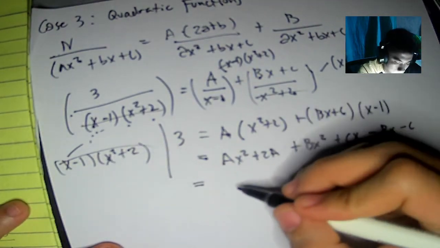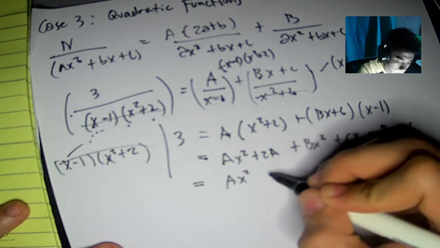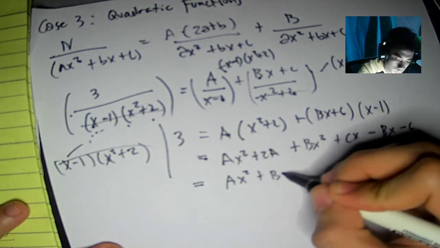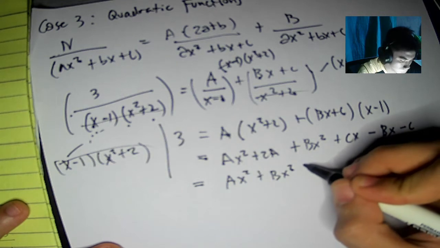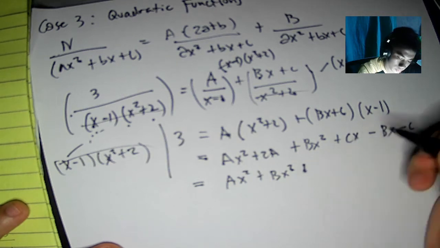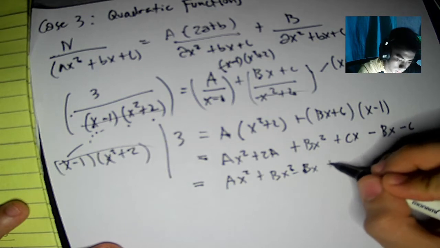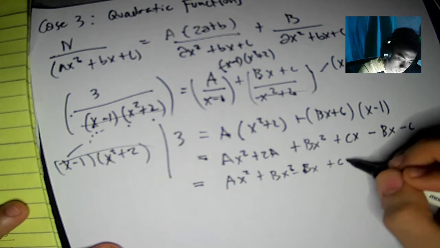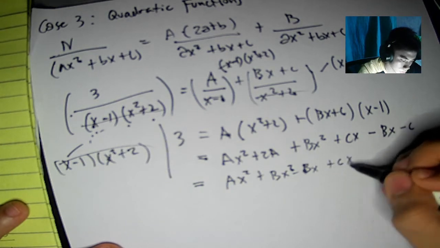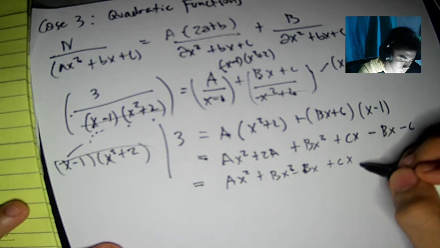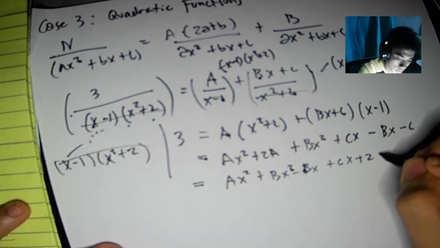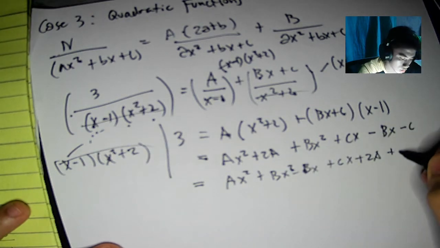So in this case, you'll have ax squared, let's just rearrange, plus bx squared, minus bx, plus cx, plus 2a. We'll have 2a here plus c, or I mean minus c.